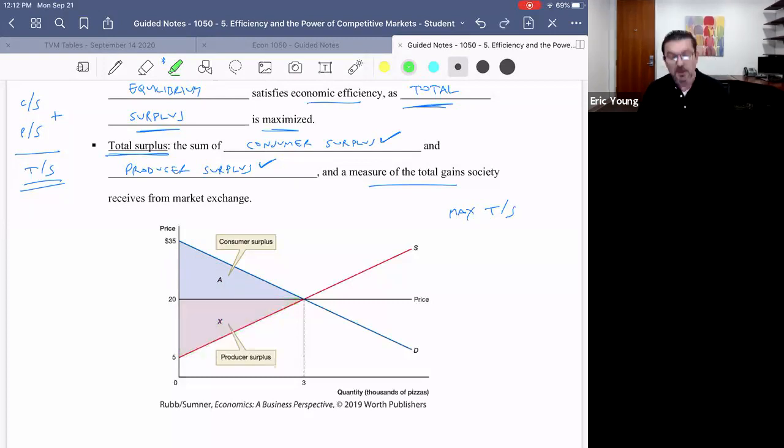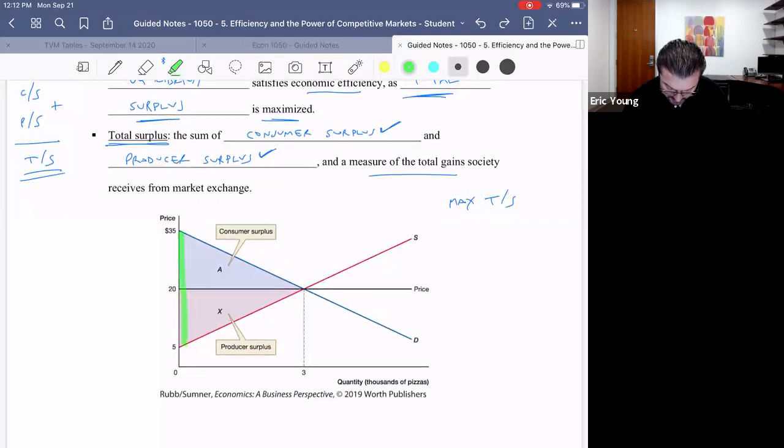And therefore, if you know that total surplus equals consumer plus producer, we can identify total surplus as this big triangle right here that adds up consumer and producer. The critical thing to bear in mind is, notice we have a market here. We have a supply curve sloping upward.